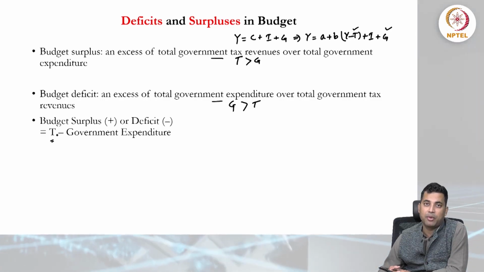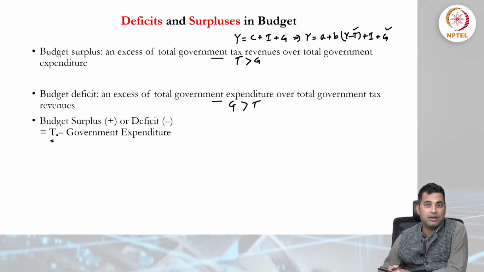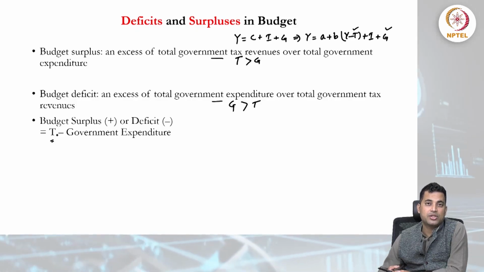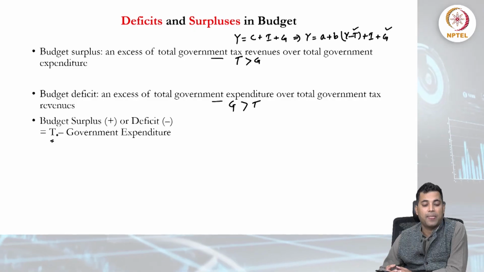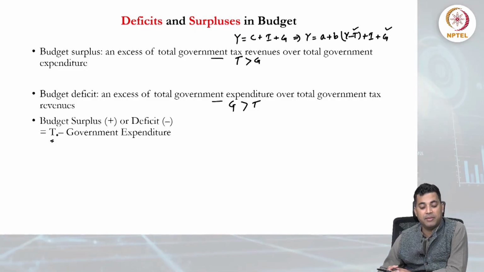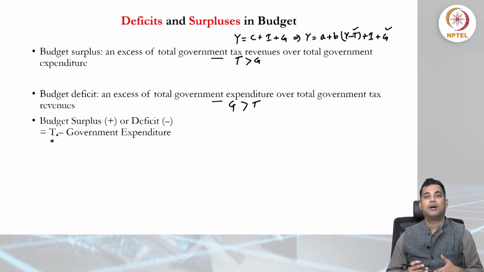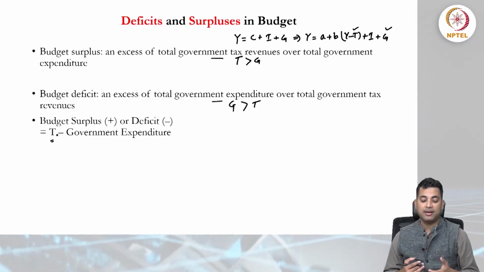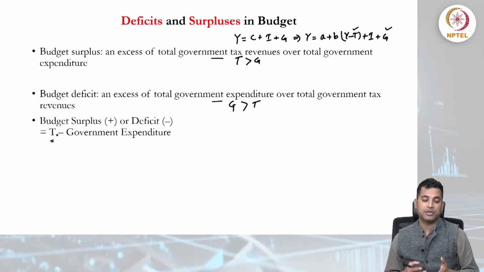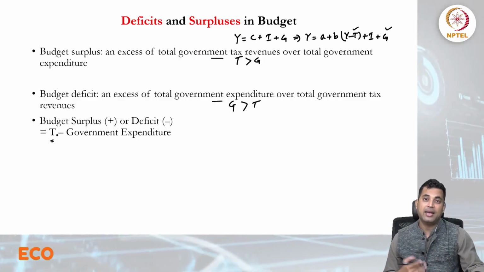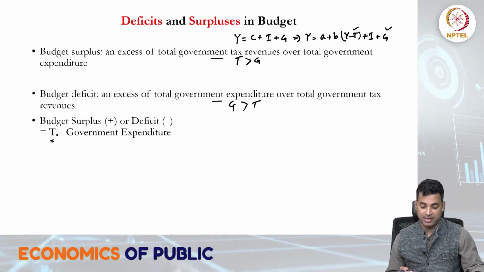When the government borrows money or takes a loan, the interest on the loan will be considered as government expenditure. This is what we really need to understand carefully when we talk about deficits and surpluses in the budget itself. So that is important.